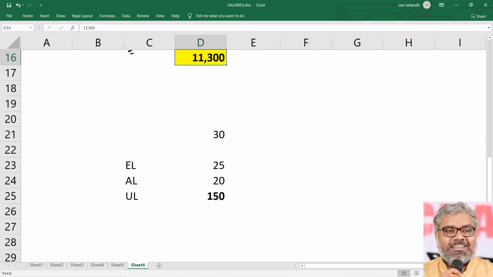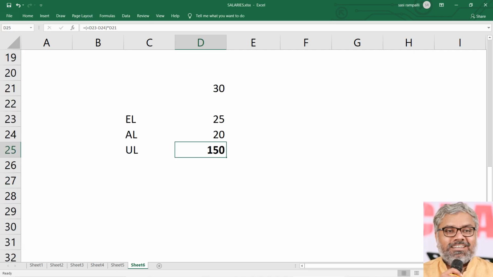So 11,300 is the average salary of the past 10 months preceding the date of retirement. 11,300 is money, rupees. 150 is days. We need the money value of these 150 days. How to do that? Not a big deal.